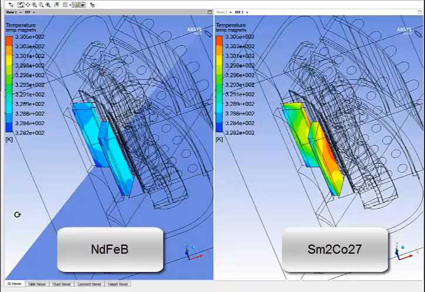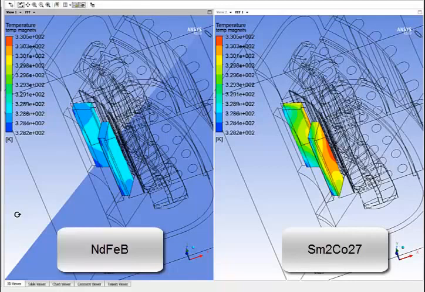for the two materials, and the temperature predicted by the multiphysics simulation only varies by a few degrees. Now that being said, what does that mean? Does that mean that the actual performance of the electric motors will be exactly the same for the two materials?